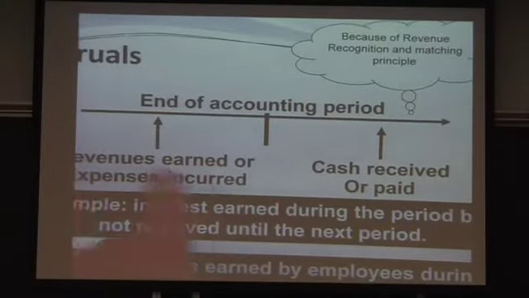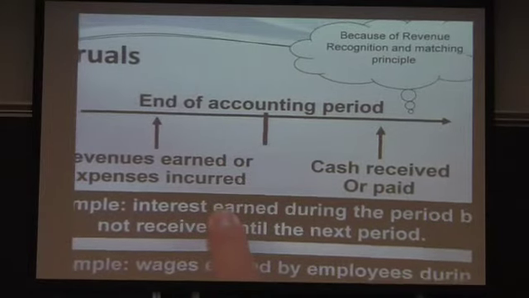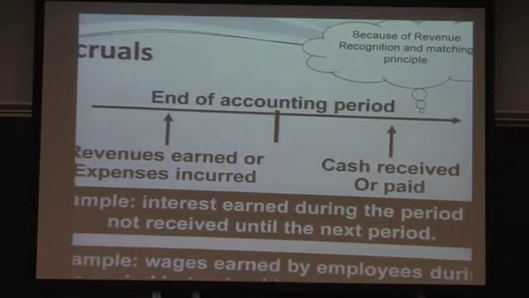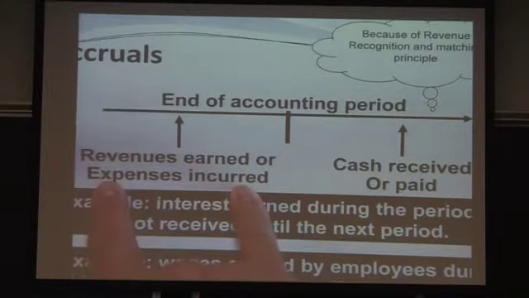So here, GAAP requires us to record expenses because of the matching principle. We want to match related expenses against revenues earned for the same period. In this case, we have to pay income tax for the net income that we've earned in November, and we need to record that as an expense in the same period.